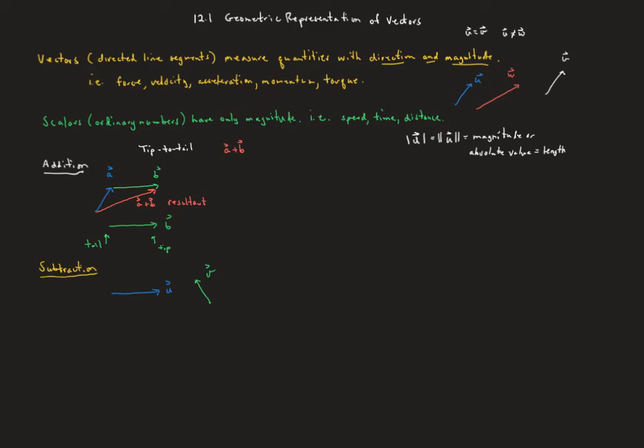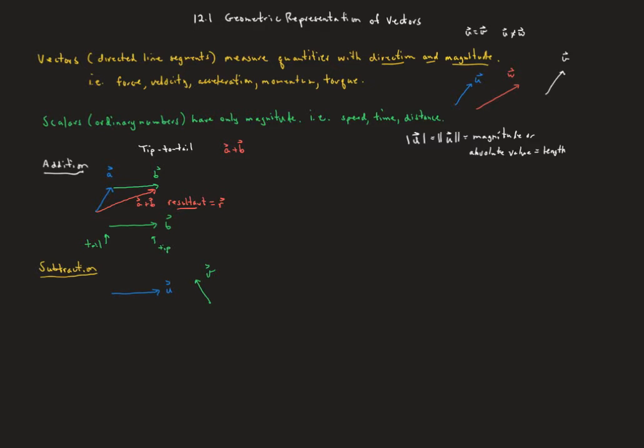So when you add two vectors, you get a new vector, and a lot of times we'll call it that R vector, and that little symbol above it means the vector. So tip to tail geometrically represents addition.